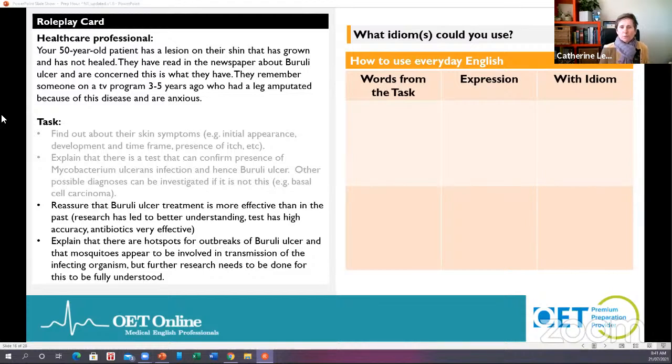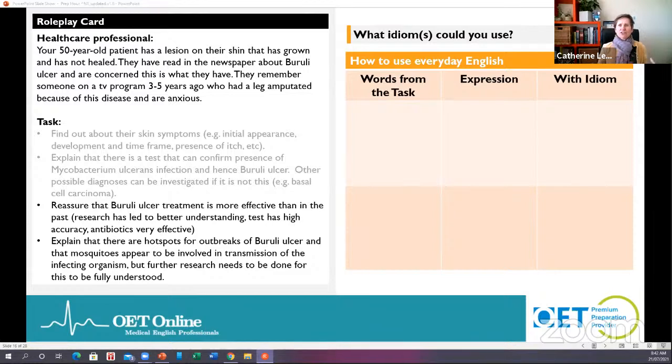There are some simple ones and there are some more complex ones. I'm going to give you two today that we'll look at here. One's a simple one and one's, I guess, a bit more of a challenge to use. I know some students like using in a nutshell.